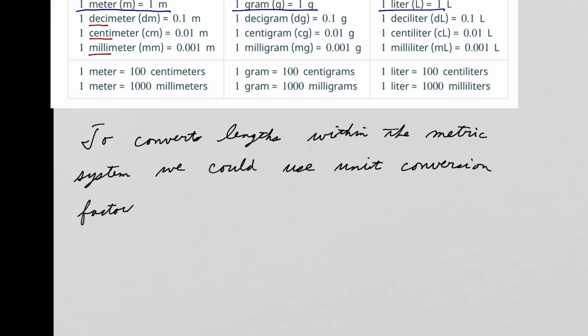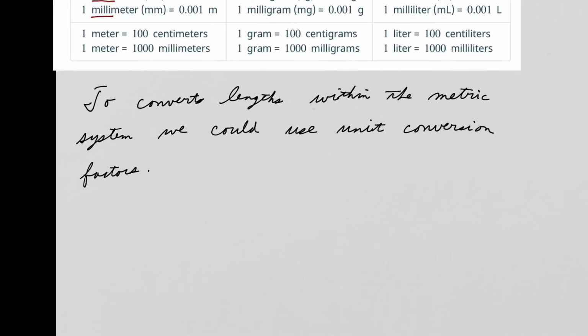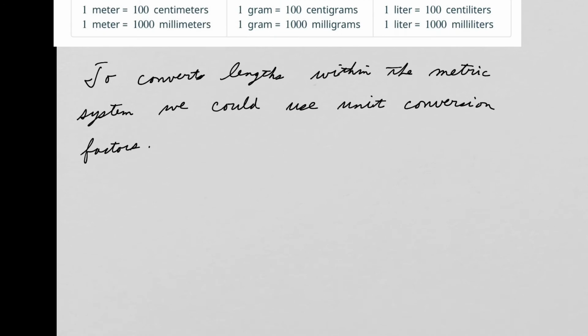So, for example, let's say I want to convert 5.3 decimeters. So deci is D, so dm, decimeters, to centimeters, which is cm.